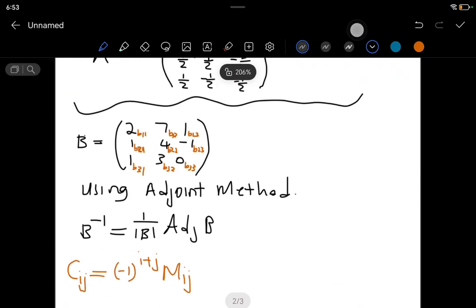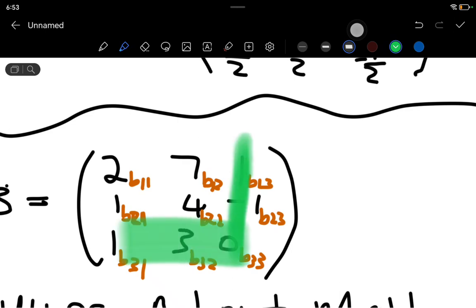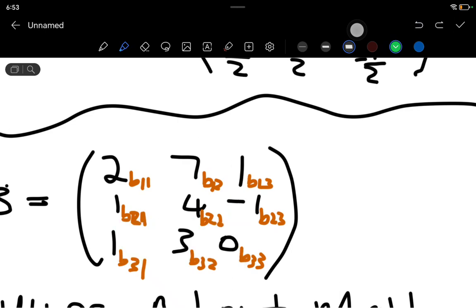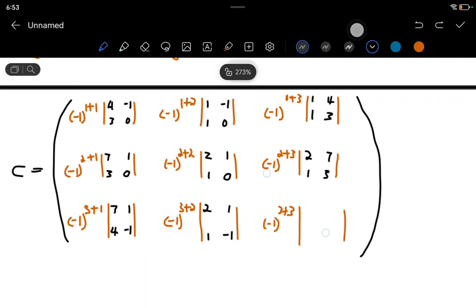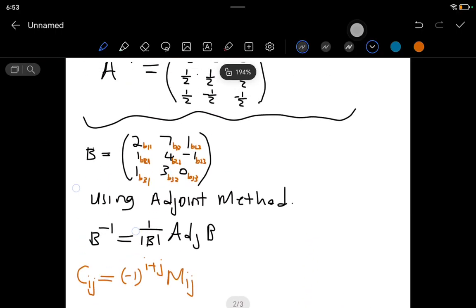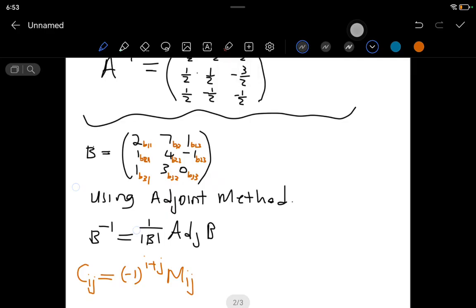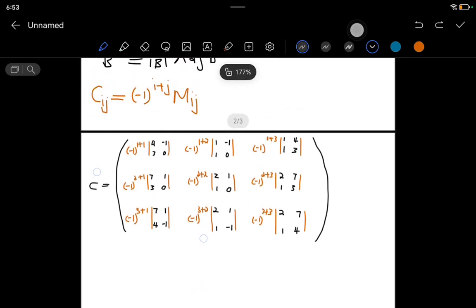Then come to the last one: 2, 7, 1, 4. So now we see that this is what we had for this cofactor matrix.